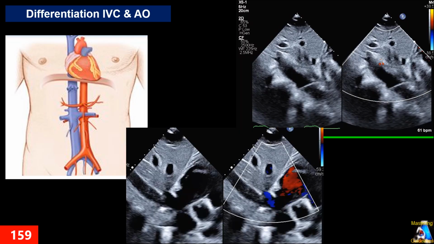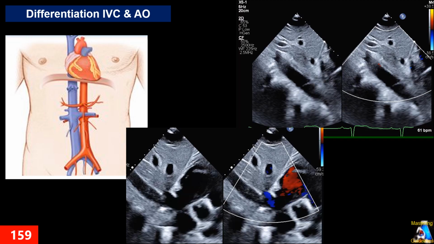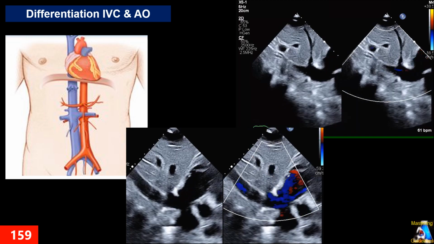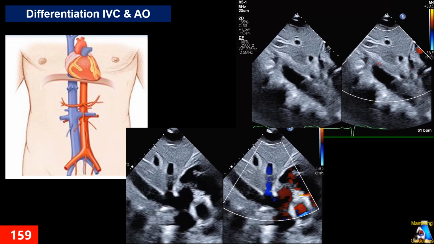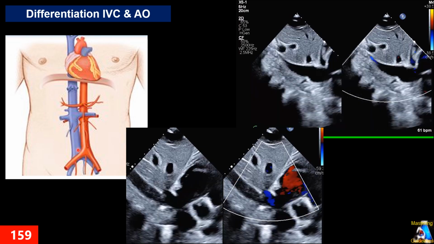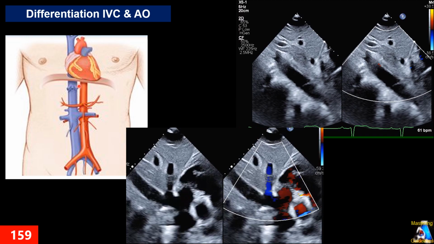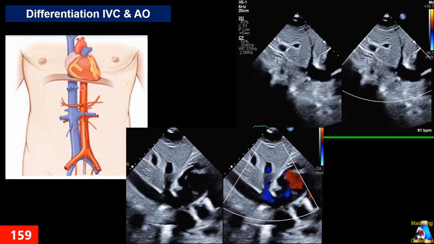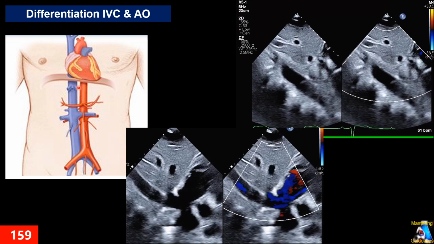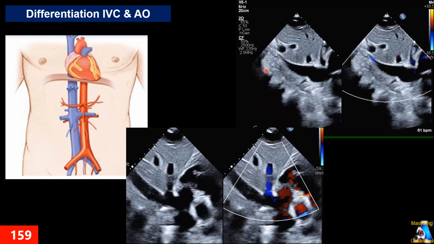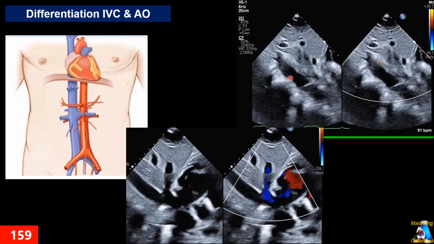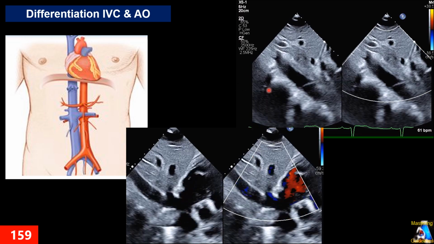For differentiation of the IVC and aorta when we are scanning, there are many techniques and tips that I'm going to give you. First of all, when you start putting your probe at the midline, when you see the first vessel, you have to ask yourself if the vessel has aortic characteristics or not.